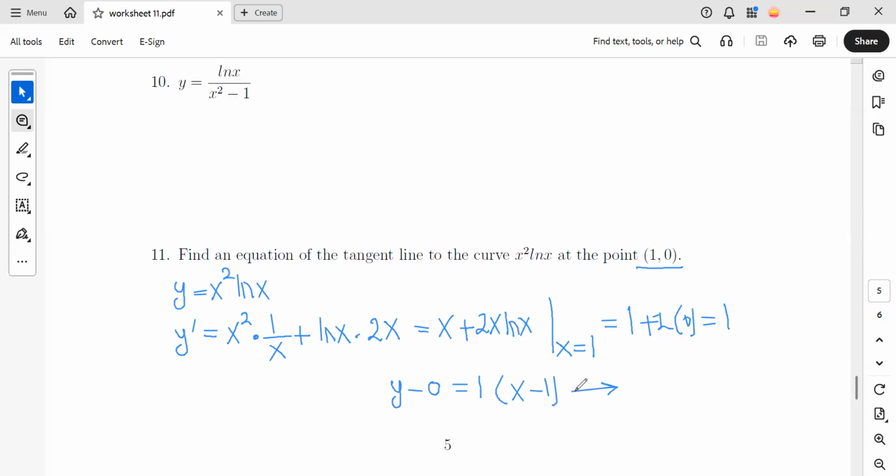And after simplification, we would have y equals x minus 1 as the equation of the tangent line. Next one.